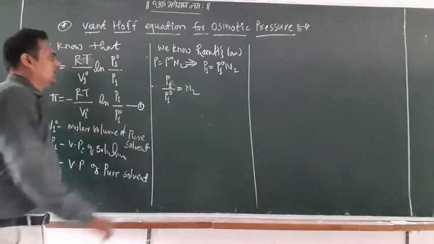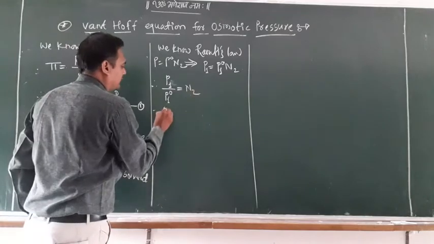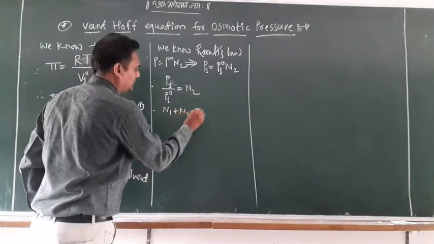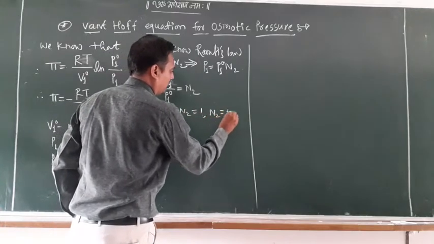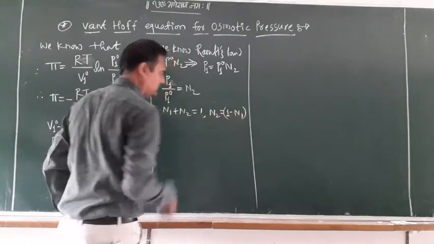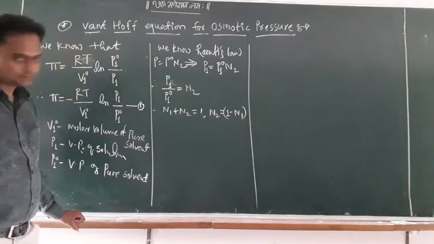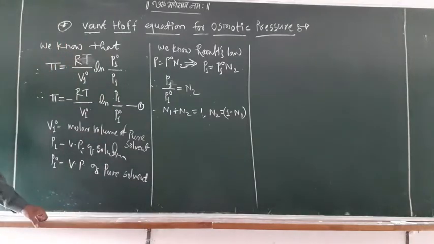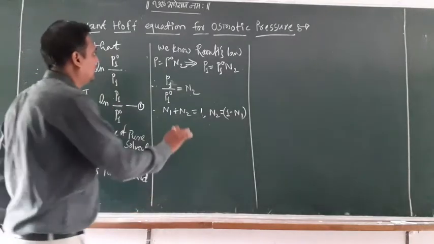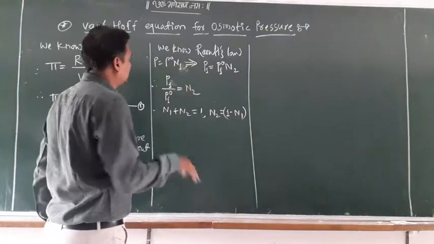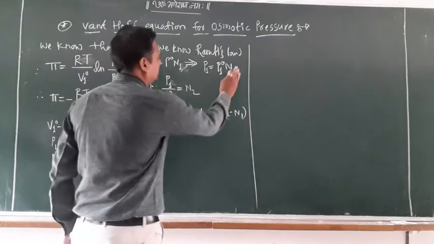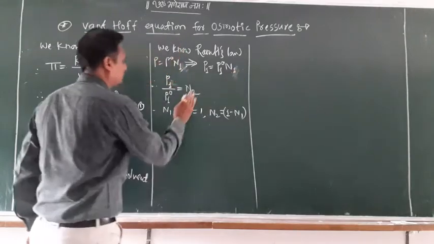So we know N1 plus N2 is equal to 1. Therefore, N2 is equal to 1 minus N1. Sorry, Raoult's law is not the mole fraction of solute; it is the mole fraction of the pure constituent, that means the solvent.